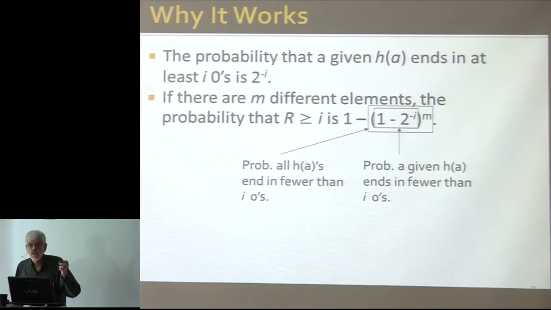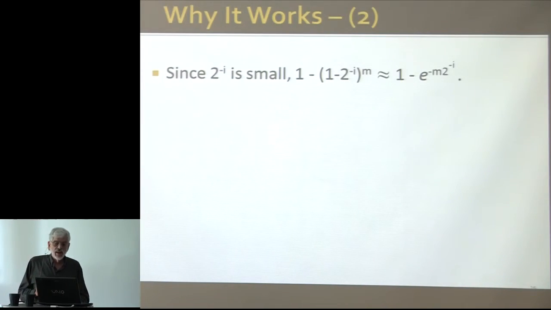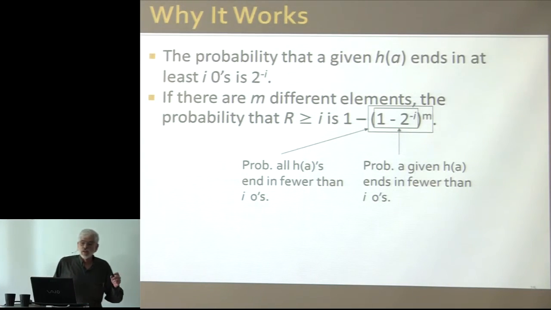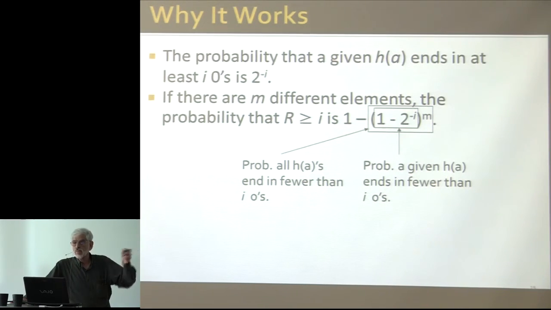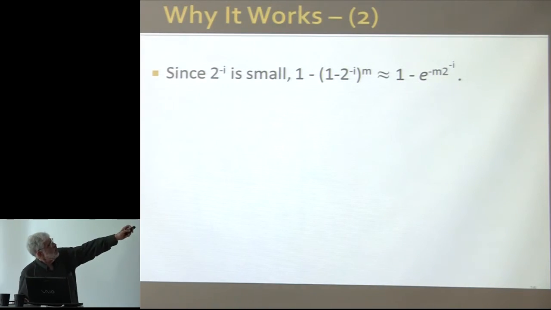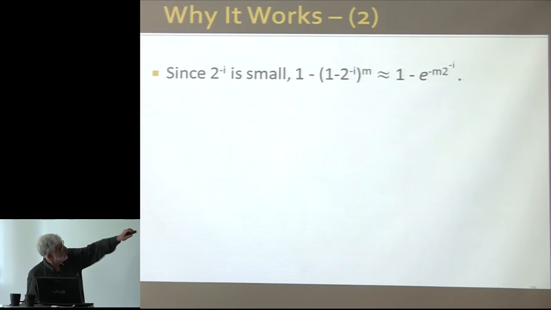Therefore the probability that R is at least i, that is, at least one of the m elements has a tail as long as i, will be 1 minus that. So here's our formula: the probability that capital R is at least i is 1 minus (1 minus 2 to the minus i) all raised to the m.